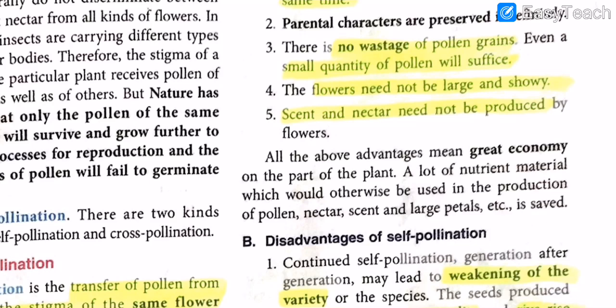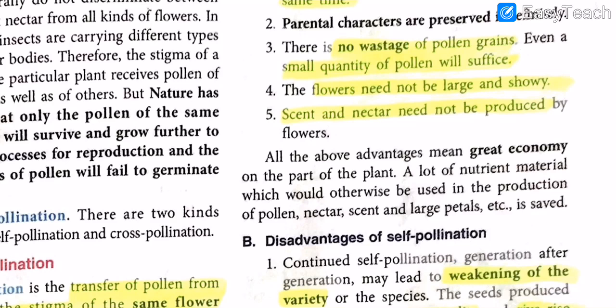Again, the weaker or defective characters cannot be eliminated, because otherwise you will not have the stamen and the pistil ready at the same time, and that's very hard to get, right? And it does not yield new varieties. It's the copycat, right? You have the same plant, the same flower, or different flowers born on the same plant, whatever. You don't have any new varieties. So these are the main disadvantages.